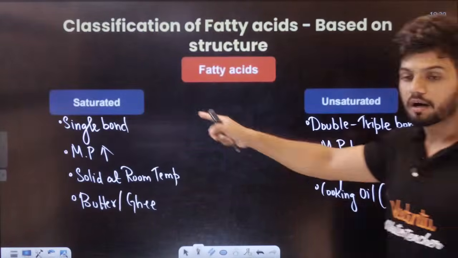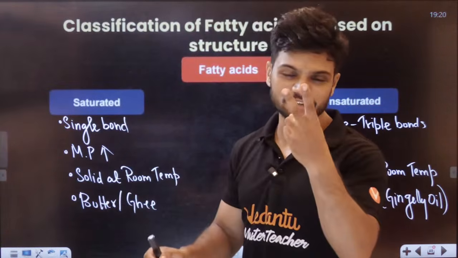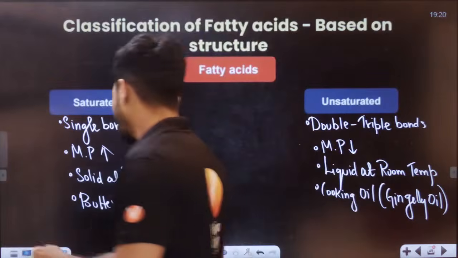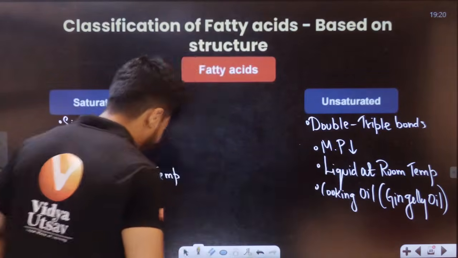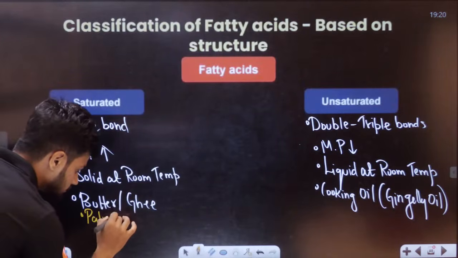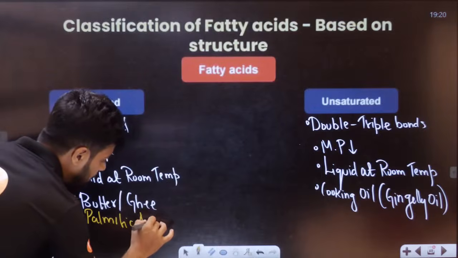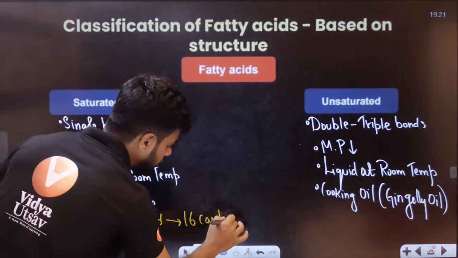Now here, students, under saturated, we have two other acids which you have to remember. One is called palmitic acid. One is called stearic acid. Palmitic acid is 16 carbon, remember, students. It is a 16 carbon compound.